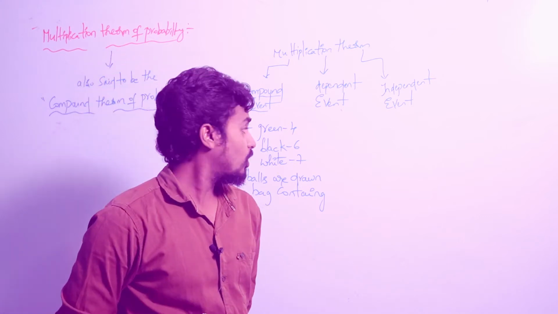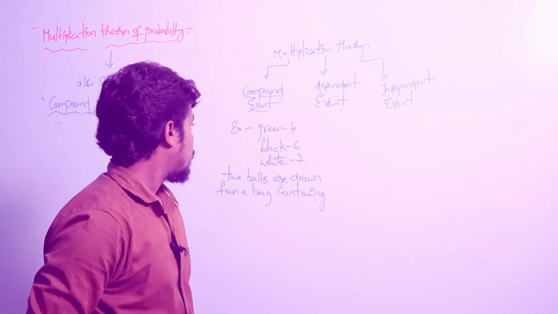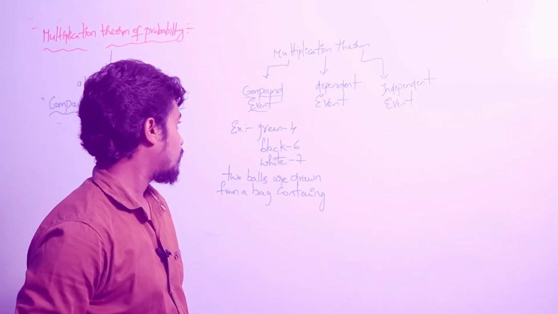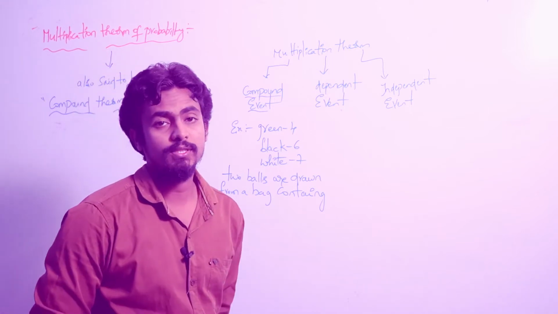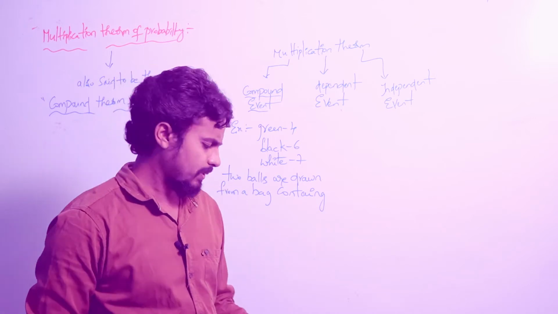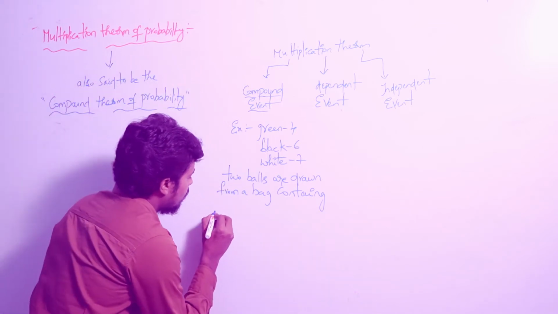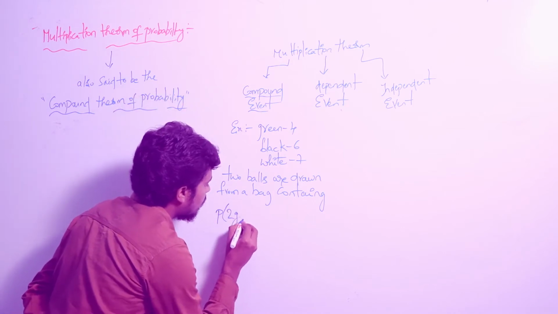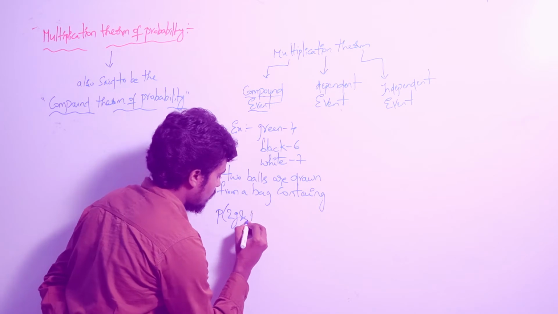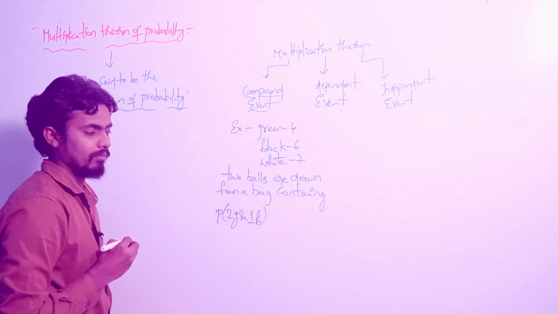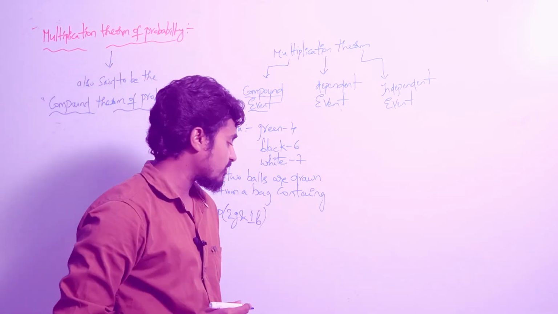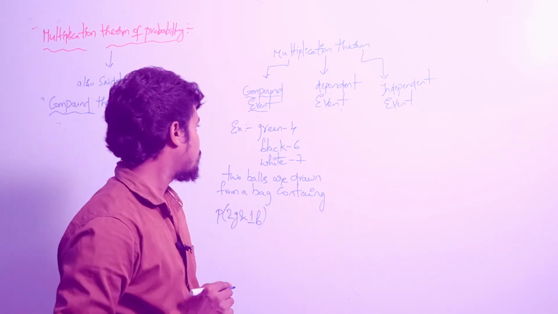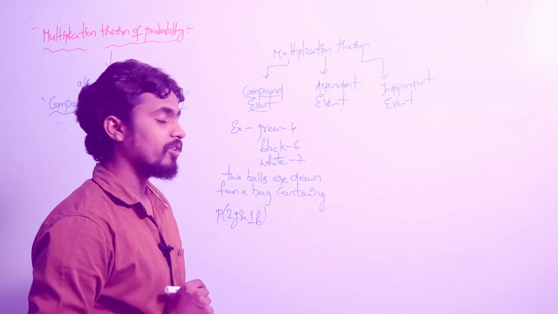Let's see, if you want to take green and black, or green and white balls. Suppose I want to take the probability of two green balls and one white ball. What will be the chances of occurrence?